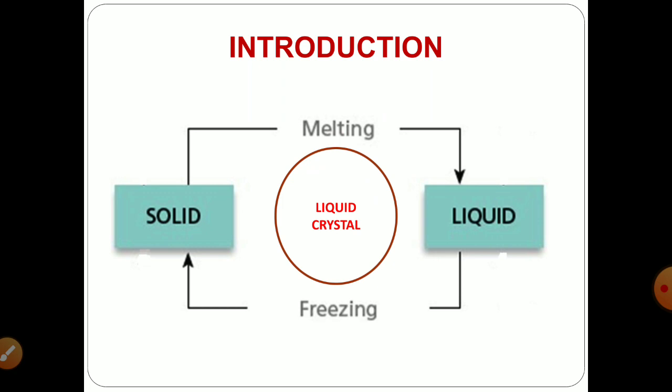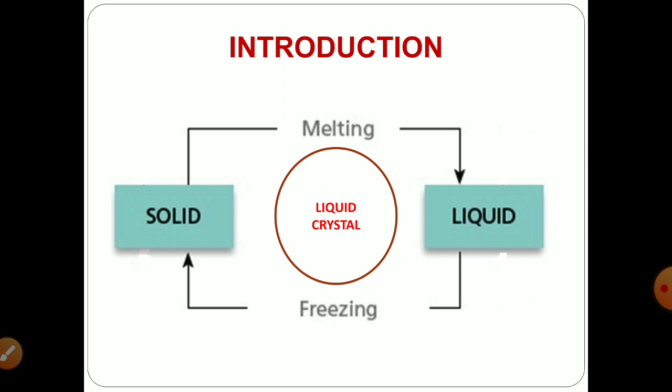When you observe the liquid crystal, you will see that the state is separated into parallel layers, and these layers are in crystalline order. So this kind of state of matter is called a mesomorphic phase, or you can say liquid crystals are a mesophase.